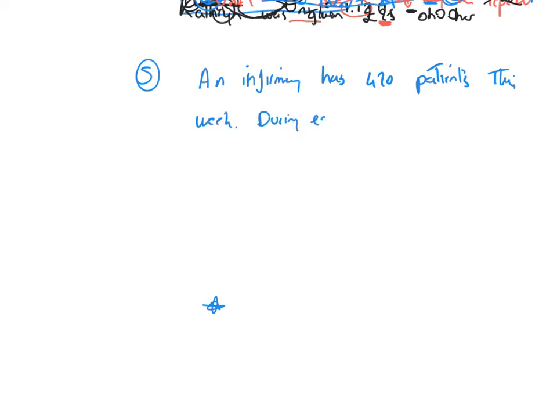Okay, one more example. Example 5. An infirmary has 420 patients this week. During each week, 15% of the patients are discharged.